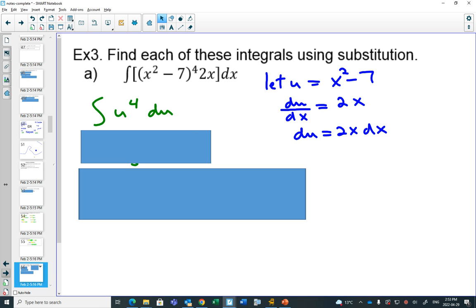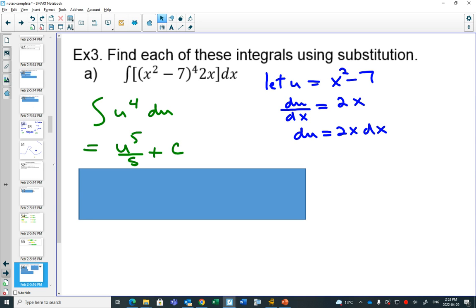The integral of u to the 4 du. And that's an easy integral to do, right? Because it's just a power. Add 1 to the exponent, divide by the new exponent, and plus c.